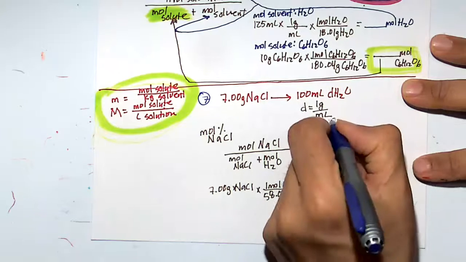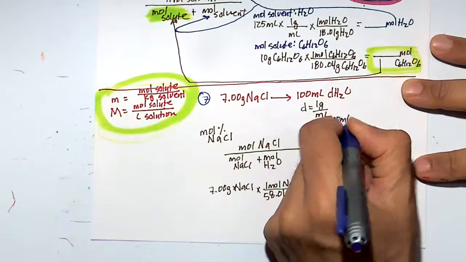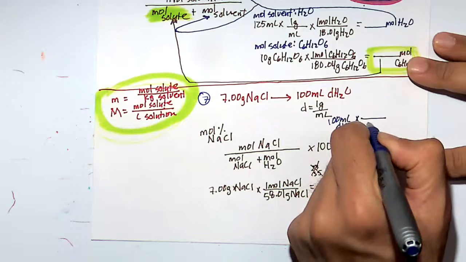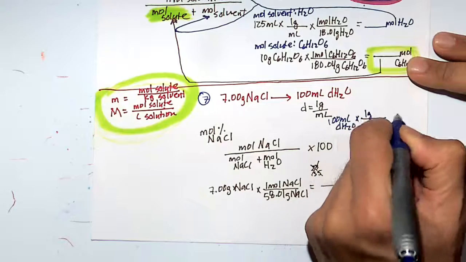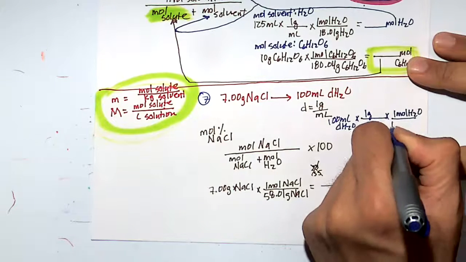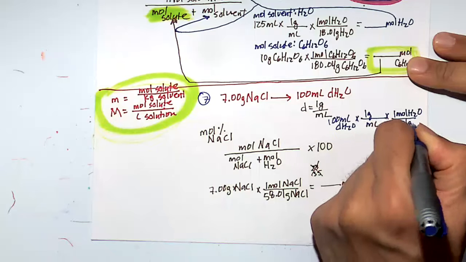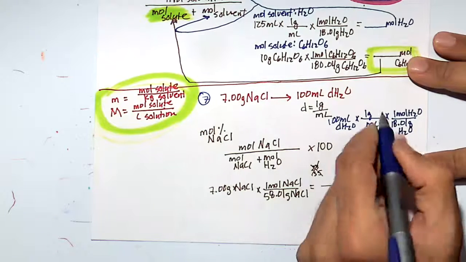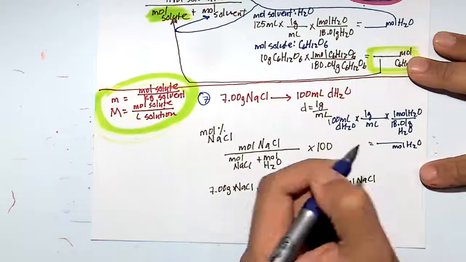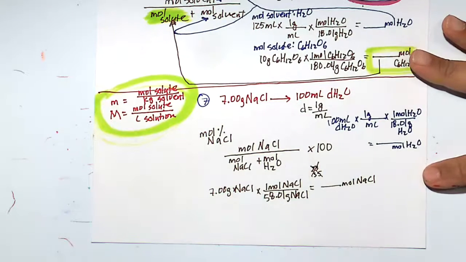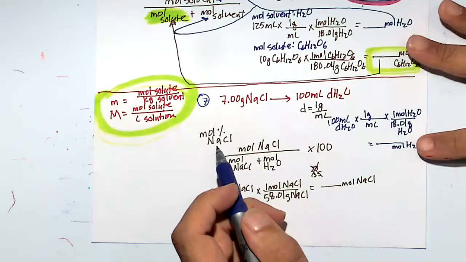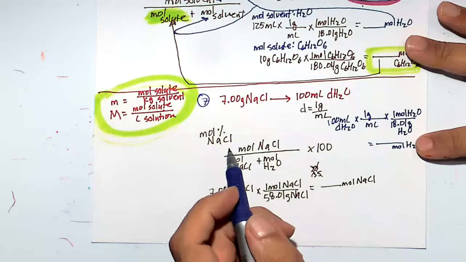So 100 mL of water times 1 gram per mL density, and 1 mole of water is about 18.01 grams of water. And you should have everything that you need to get the mole percentage of the solute, sodium chloride. Okay.